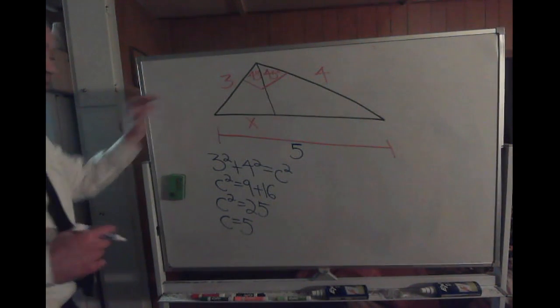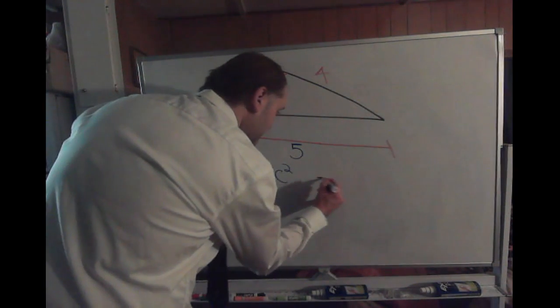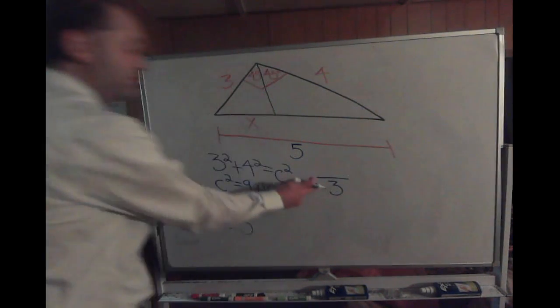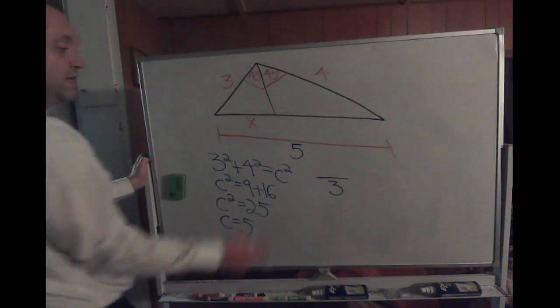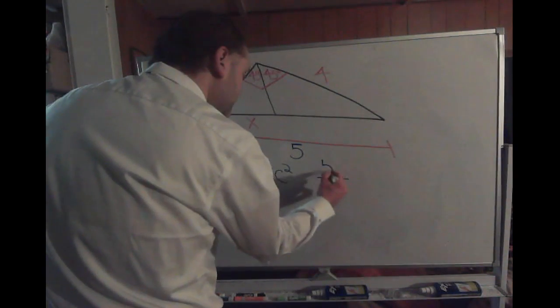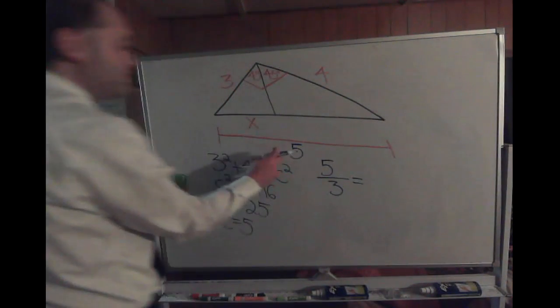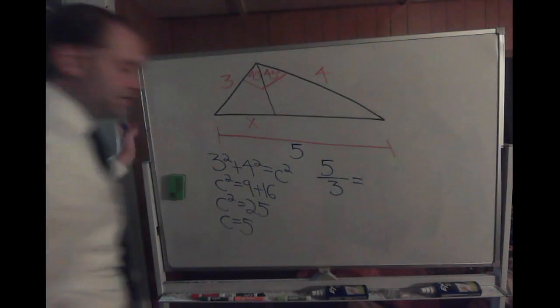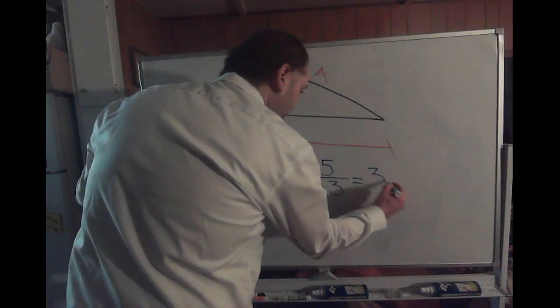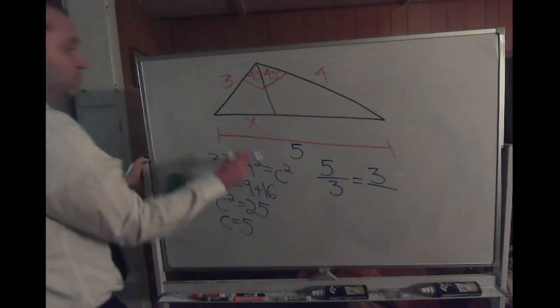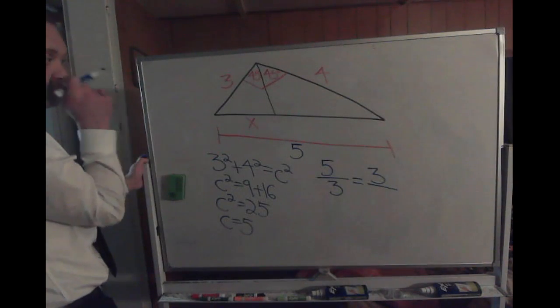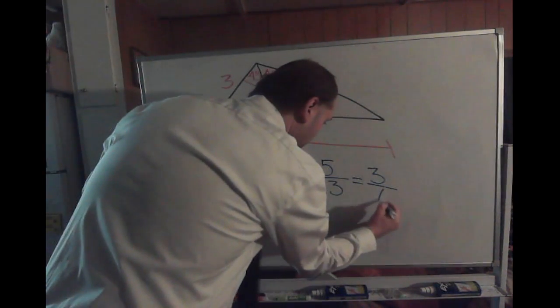So this leg 3 would be your denominator of the first ratio. And of course you'd have 5 being the length of your whole hypotenuse. So we're taking the length of the whole hypotenuse to this leg. Then you'll have 3 in the numerator of your second ratio to the segment of the hypotenuse it touches, which would be x.